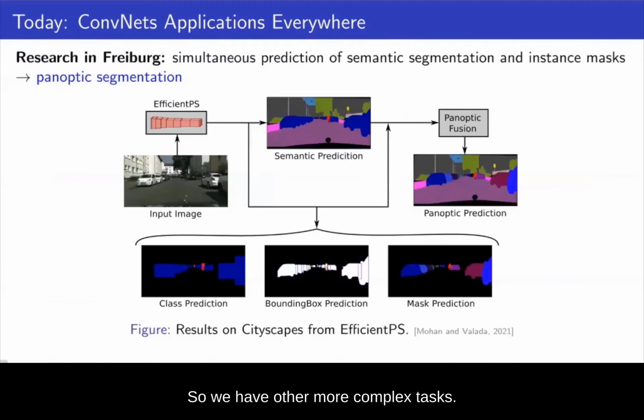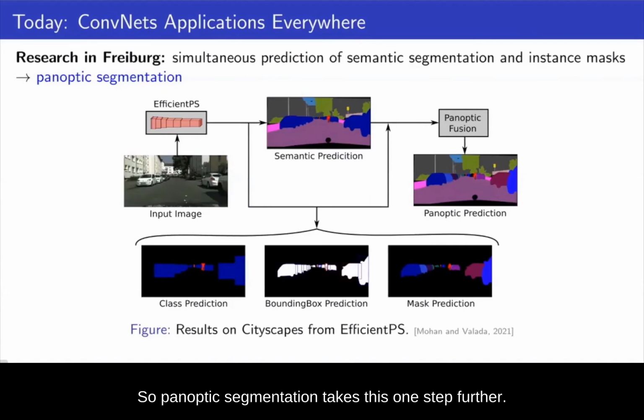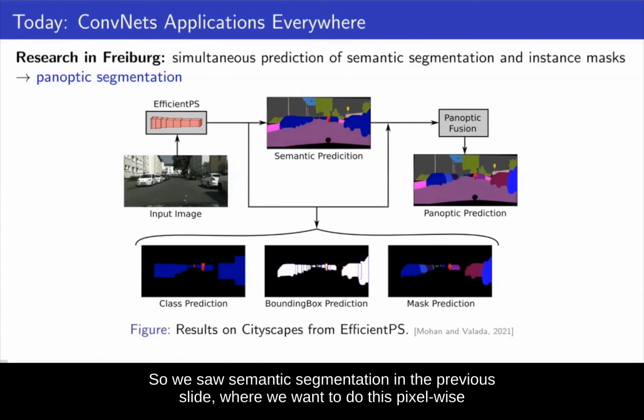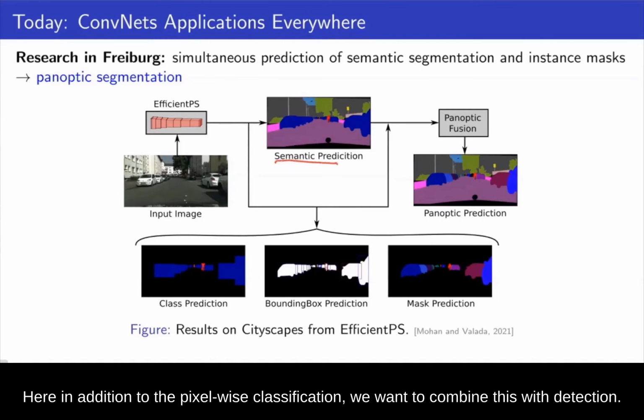So we have other more complex tasks. Here we see an example for a task that is called panoptic segmentation. Panoptic segmentation takes this one step further. We saw semantic segmentation in the previous slide, where we do pixel-wise classification. Here, in addition to the pixel-wise classification, we want to combine this with detection.